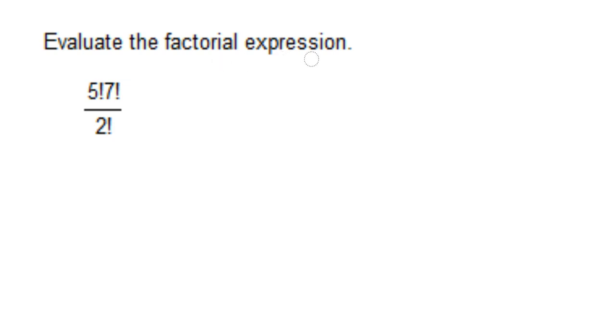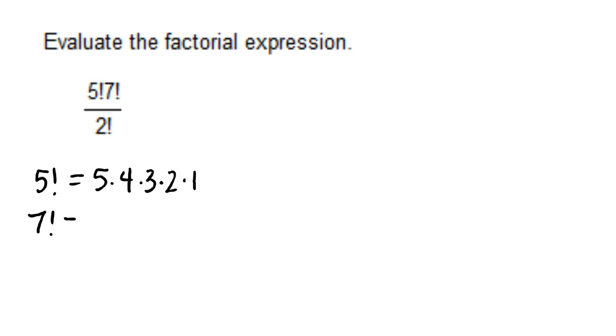Evaluate the factorial expression. Factorial is this exclamation point. That's the symbol that we use for factorial. The meaning of 5 factorial is 5 times 4 times 3 times 2 times 1. So you start with that number and you multiply by 1 less than that number until you get down to 1.